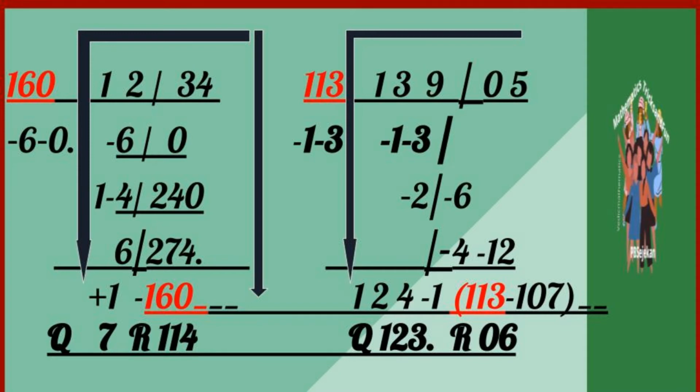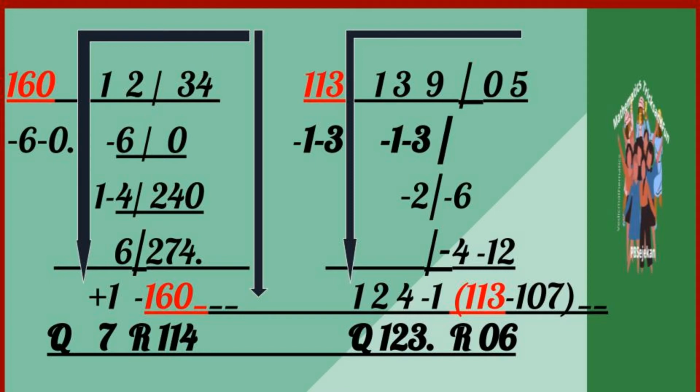2 into 13 gives 26 written below 9 and 0. Now 9 minus 2 minus 3 gives 4. So 4 into 13 gives minus 4 minus 12 written below 0 and 5. So minus 6 minus 4 gives minus 10 and minus 12 plus 5 gives minus 7.